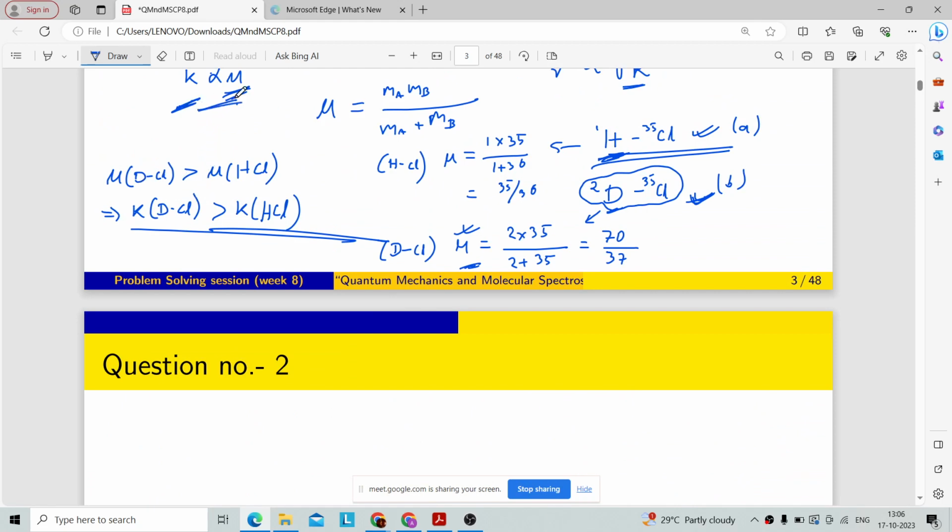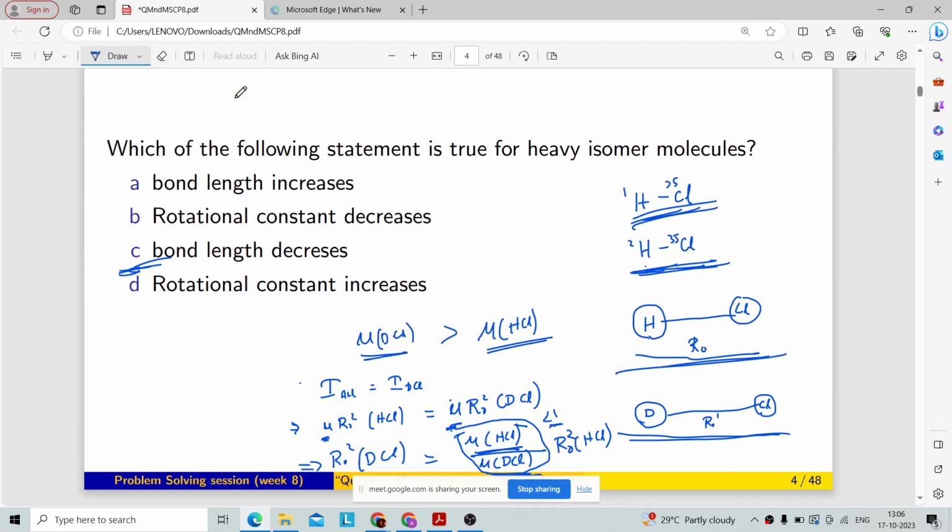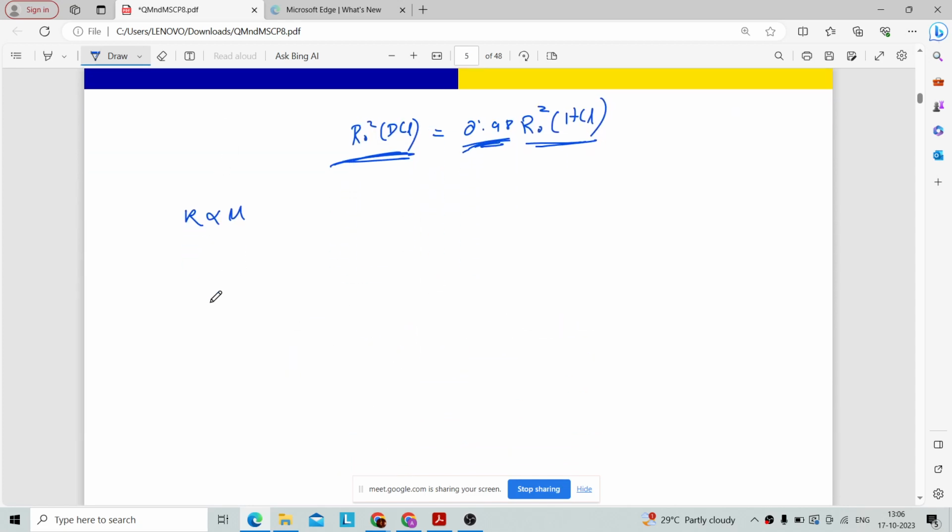Right, K is directly proportional to mu. So in that case, we know mu of DCl is greater than mu of HCl.